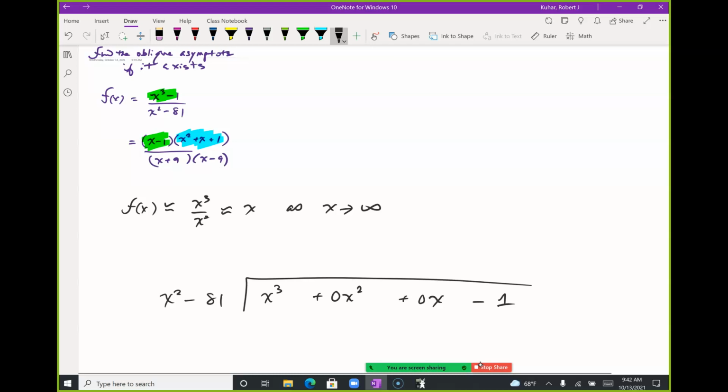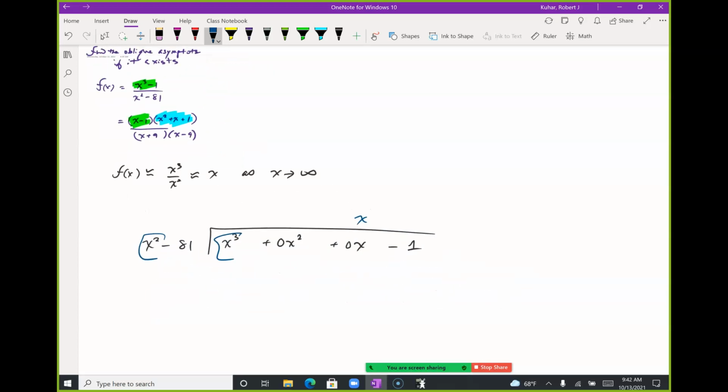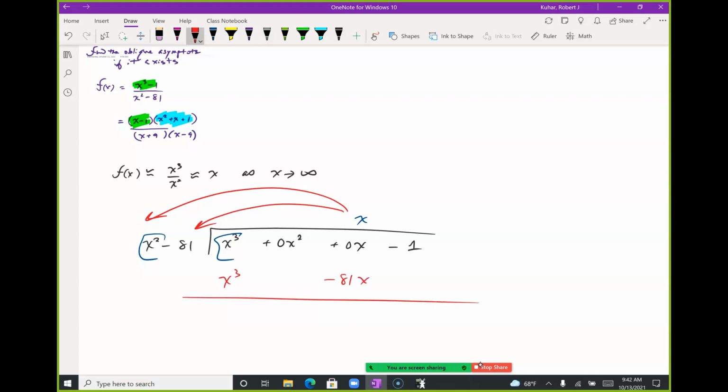So now I'm just asking x times what will get me x cubed, and that's x, right? I come back and multiply to everything, so I get x cubed minus 81x. I change my signs and add.